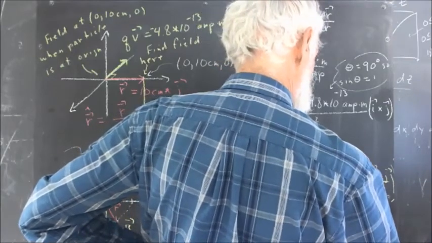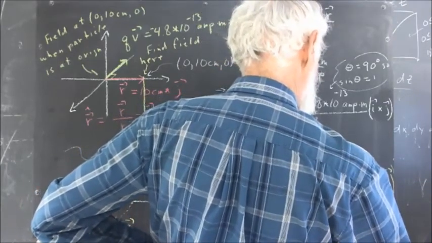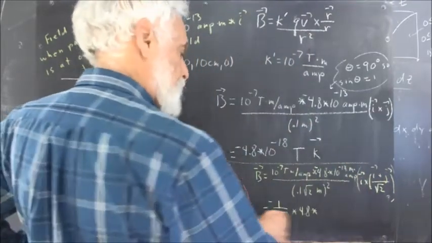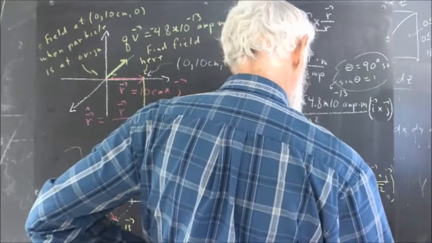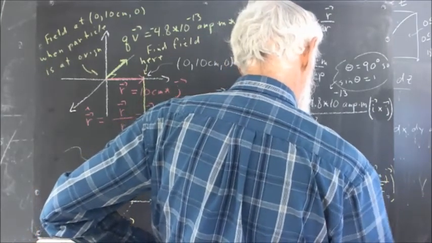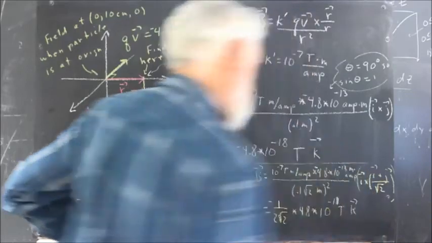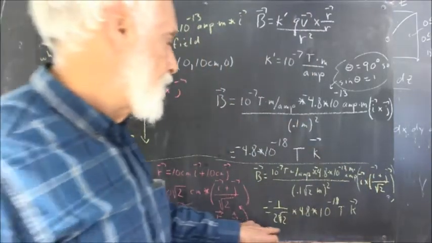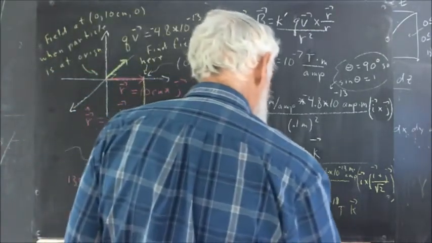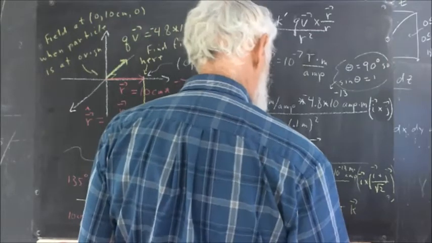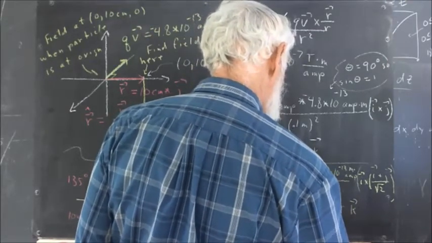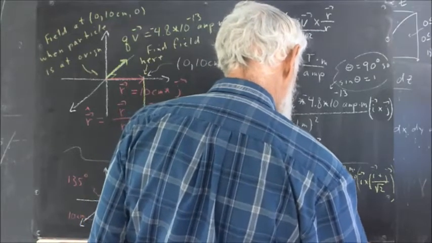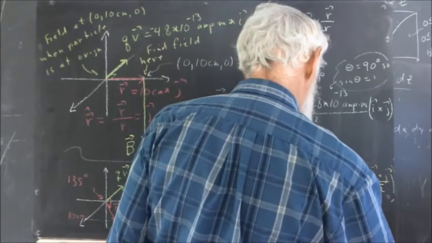Meters times amps, okay. So we get this. Now 2 times the square root of 2 is about 2.8. So this is going to be reduced by a factor of 2.8, giving us something like maybe 1.8 times 10 to the negative 18th Tesla times K.